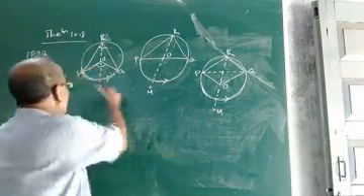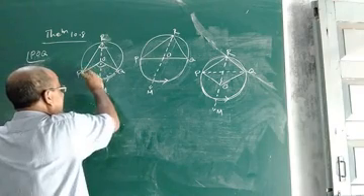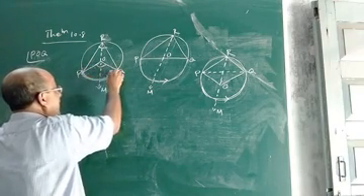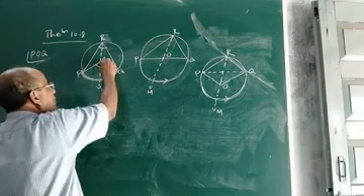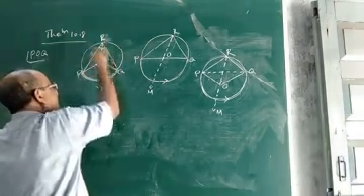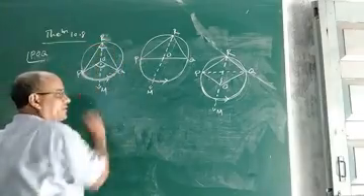That means whatever angle this minor arc forms at the center will be double or twice the angle subtended by this minor arc on the remaining part.